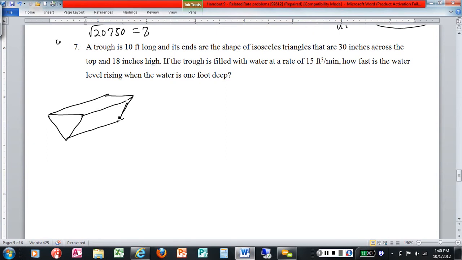All right, so what we know is, let me draw this cross section here. We got an isosceles triangle. Isosceles just means it's 2 sides the same, so these sides are the same right here. And it's 30 inches across at the top, and it's 18 inches high.